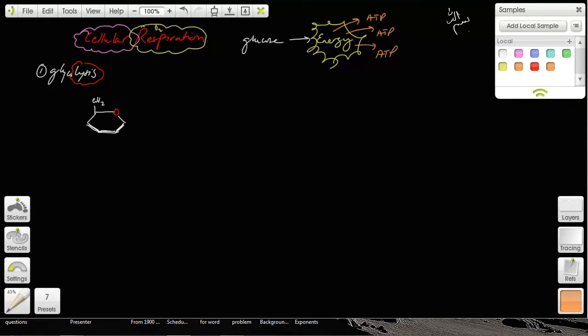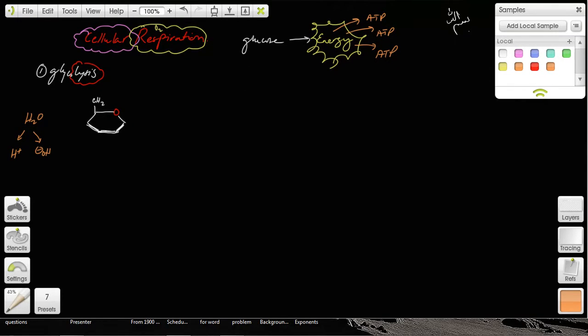Now, one of the features of sugar molecules in general is that they are studded with, or decorated with, a lot of hydroxyl groups. A hydroxyl group is OH, which has a negative charge like this. When water, for example, breaks down into its constituents, you get a hydrogen ion and a hydroxide ion like this.